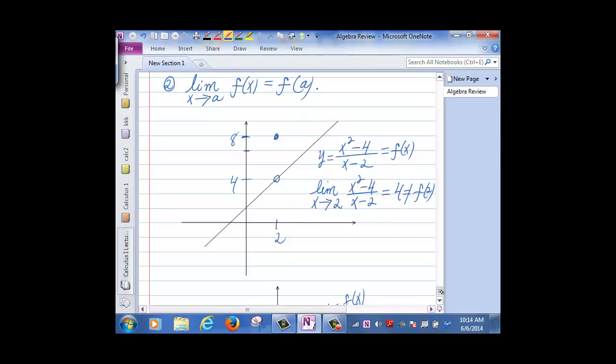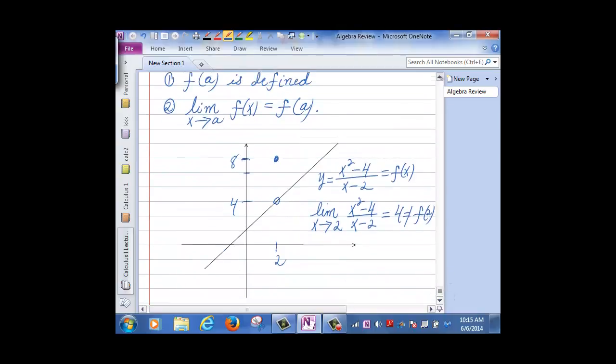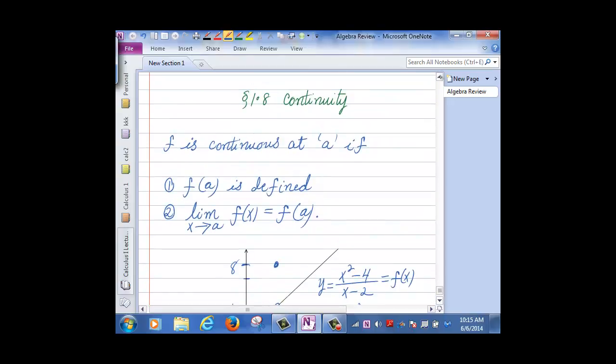So again, going back to the definition of continuity, it says that f is continuous at a number means that f of a must be defined and the limit at a must be the same as the value of f at a.